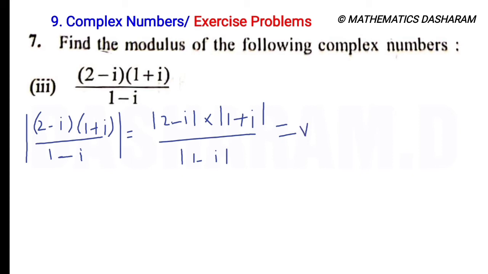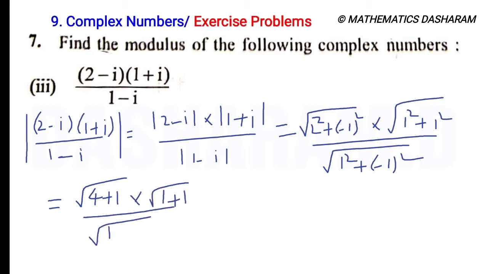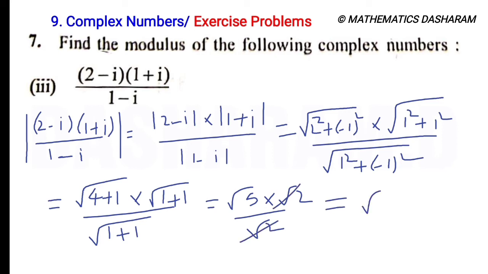So under root, mod 2 minus i means 2 square plus minus 1 whole square, into under root 1 plus i means 1 square plus 1 square, under root 1 minus i means 1 square plus minus 1 whole square. So it equals 2 square is 4, 4 plus 1, into 1 square 1 plus 1 square 1, and here also 1 plus 1. So root 5 into root 2 divided by root 2. So root 2 cancels, root 5.